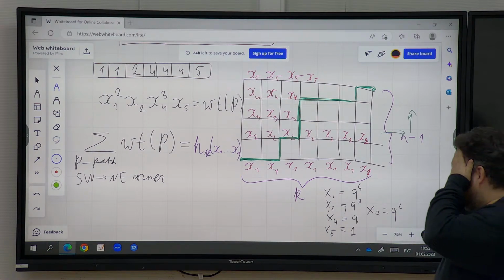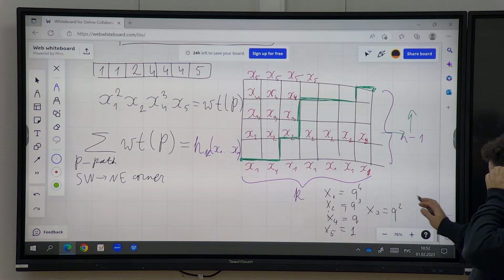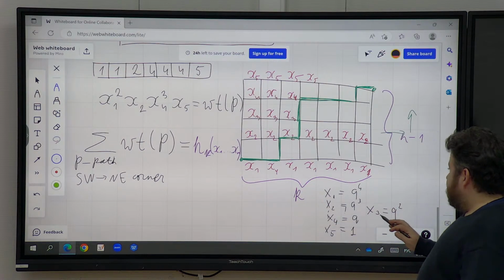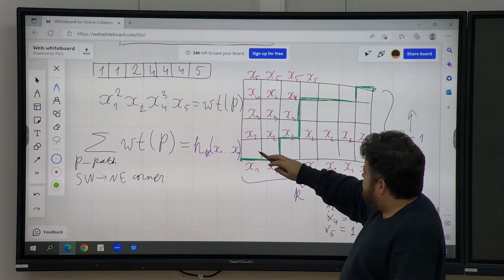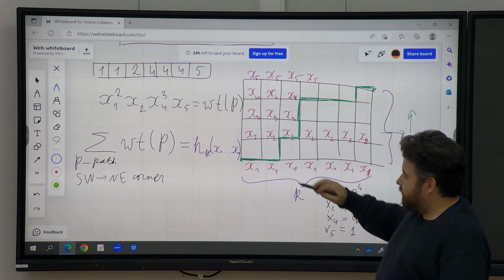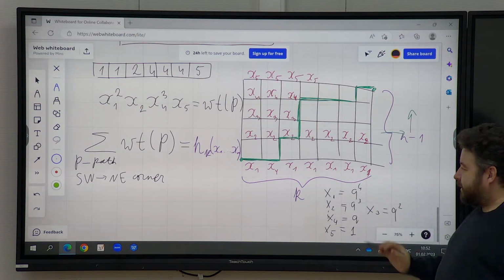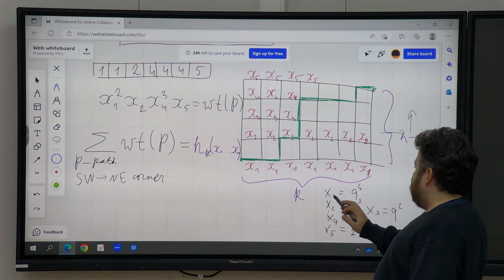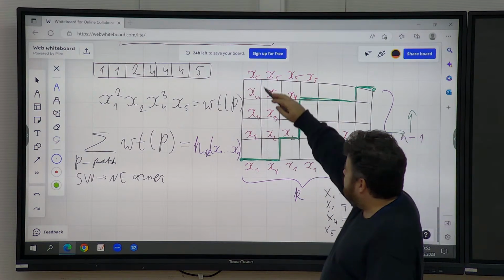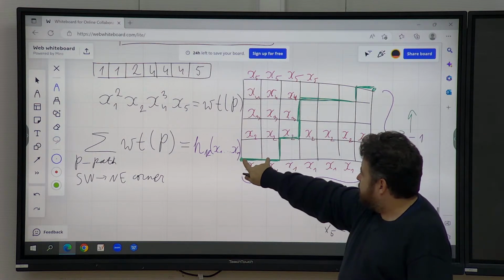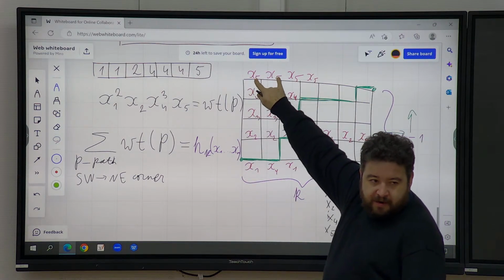Exactly. So if I assign these values to x's, every x1 will contribute q to the 4th, right? So there's going to be some power of q to the power like capital N, and x1 will contribute 4, and you see that above this little green bar there are 4 boxes, right?